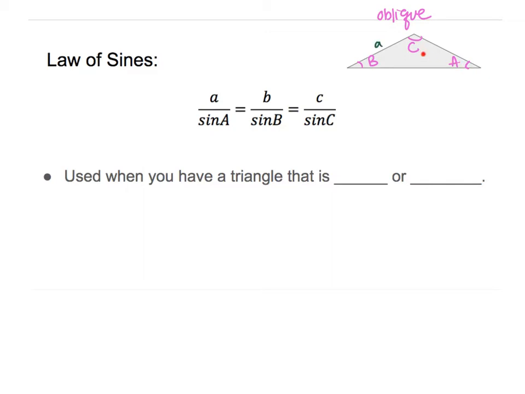So diagonal from this A is little a, diagonal from this B is little b, and across from C is little c. So this is how I refer to them. Lowercase letters are side lengths, uppercase letters are angles.